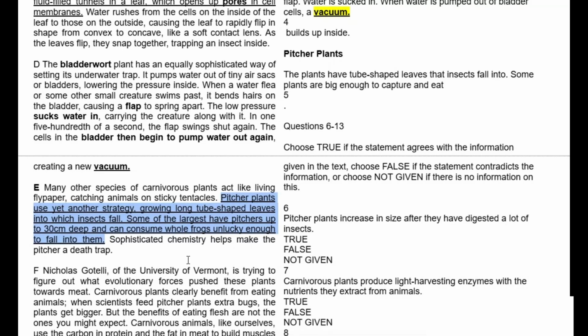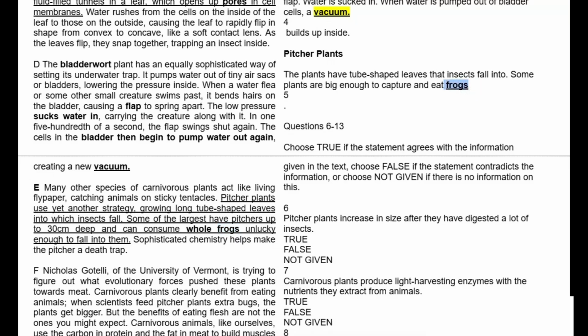Some are big enough to trap larger prey. The text specifically says they can eat whole frogs. So the question says some plants are big enough to capture and eat what? It will be frogs, not whole frogs, because we need to write only one word.